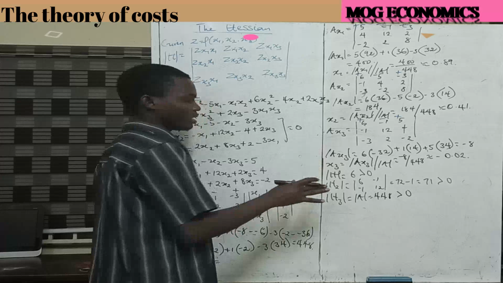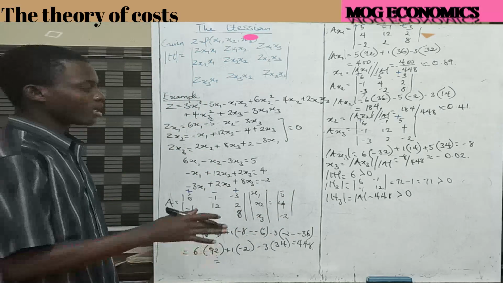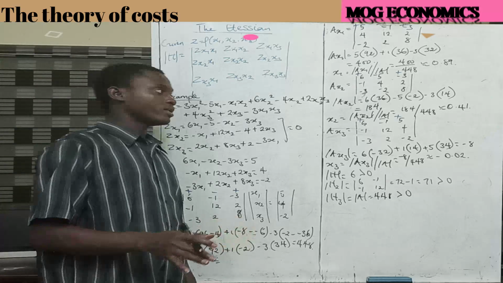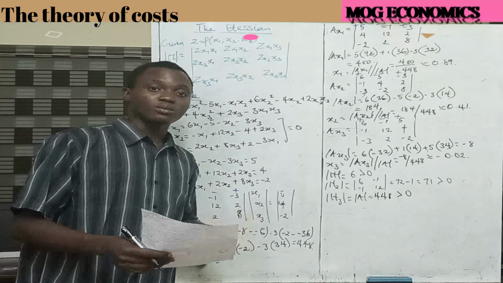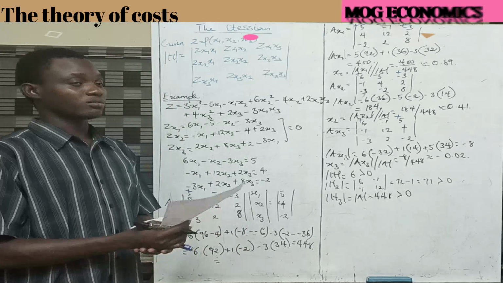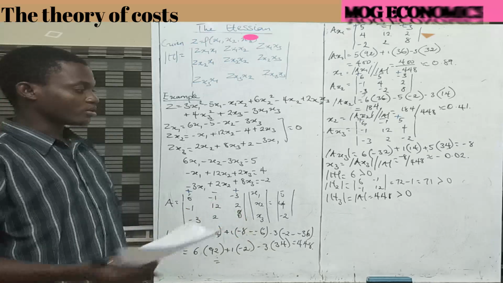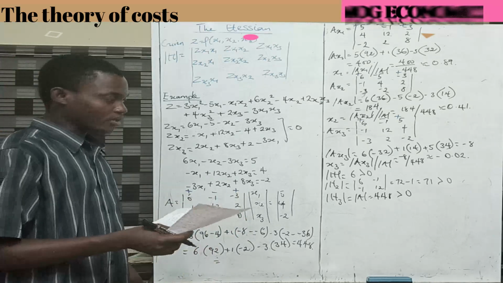So if you look at all of our Hessian minors, H1, H2 and H3, they are all positive, right? And they fulfill the conditions for a relative minimum, for minimization. So here, how do we conclude?